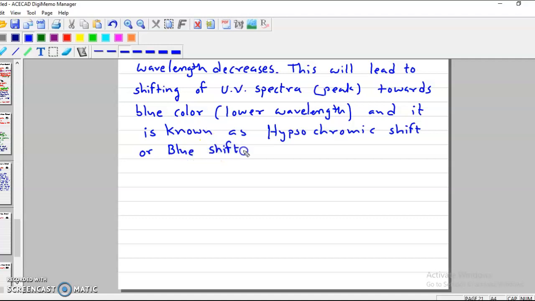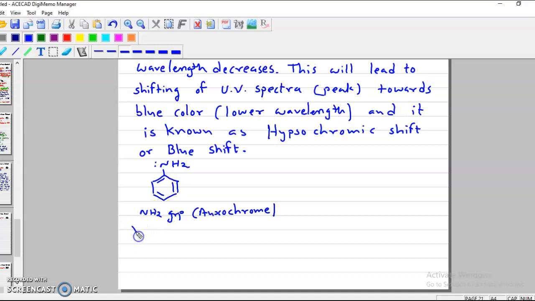The best example is aniline. Aniline has NH2 group on top of benzene. This NH2 group is an auxochrome, and the main function of an auxochrome is to increase the wavelength of a given substance.